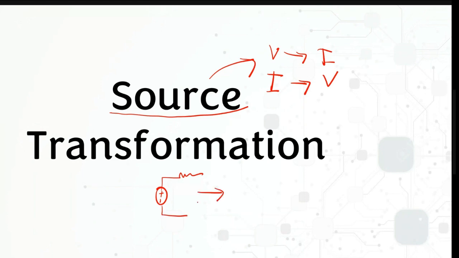So when you want to convert it into the current source, all right, so it will gonna be parallel. This one series with voltage, and when you transform the source from the voltage to current source, it will transform the circuit into a parallel with this current source lah.